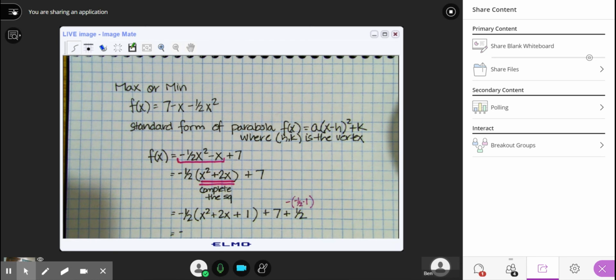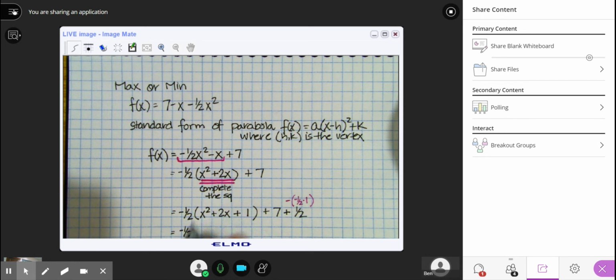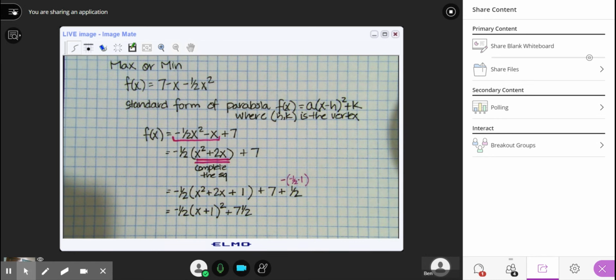Okay. So that's going to give me a negative 1/2. And then I'm going to have an x plus 1 squared plus 7/2, or 7.5, not 7/2.